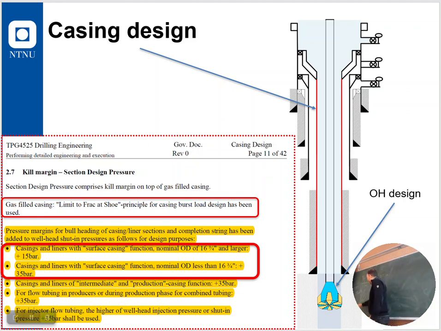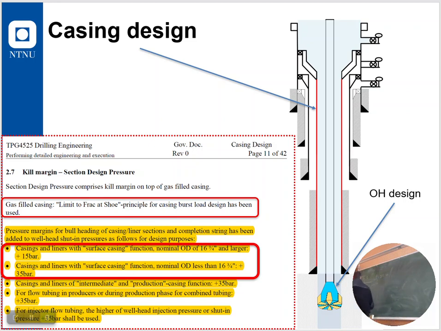So in that case, we need to bullhead back, kill the well, push all the gas into the formation. That's what we need to do. So we call it the kill margin, and in governing documentation there are specific margins in pressure that you add on top to this number.